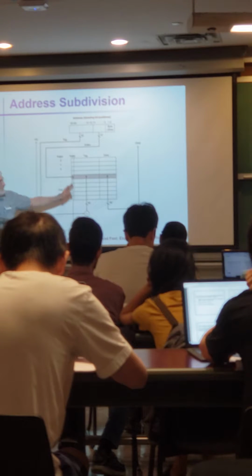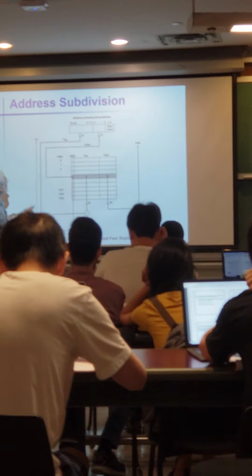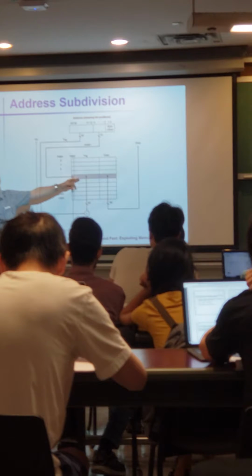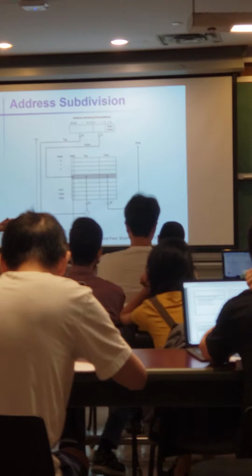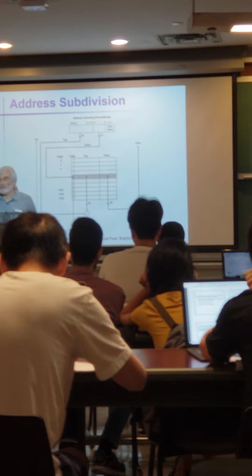So the valid bit must be 1, and the comparison should bring you a positive result, so it's equal. And then you get a hit, so you can get a signal that tells the CPU that the data is here, so no need to wait or to bring data or anything. So this is the way the hardware works. Where the data comes from here? From this point. So this is basically the way it works.